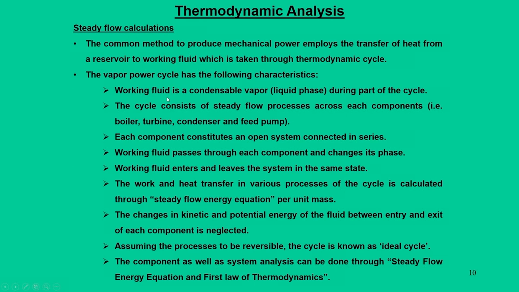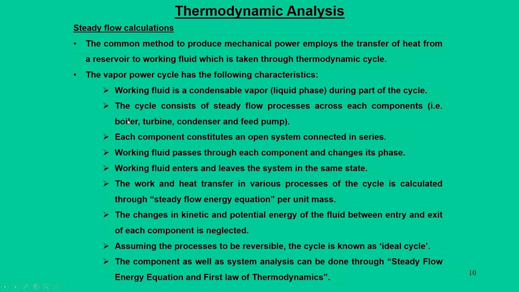First, the working fluid is a condensable vapor which is in liquid phase during one part of the cycle. So, the working fluid at some part of the cycle remains in a liquid phase and we can condense it, and this liquid is obtained through condensation. The cycle consists of components like boiler, turbine, condenser and feed pump.